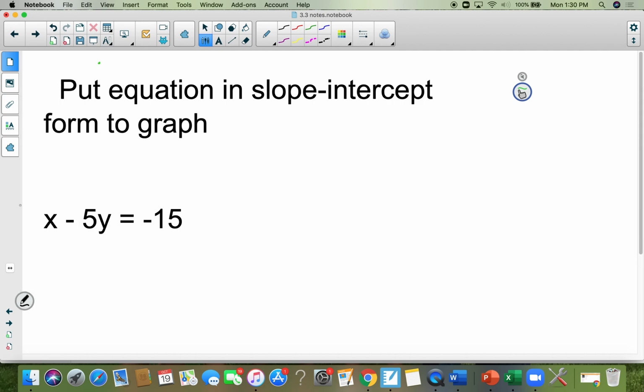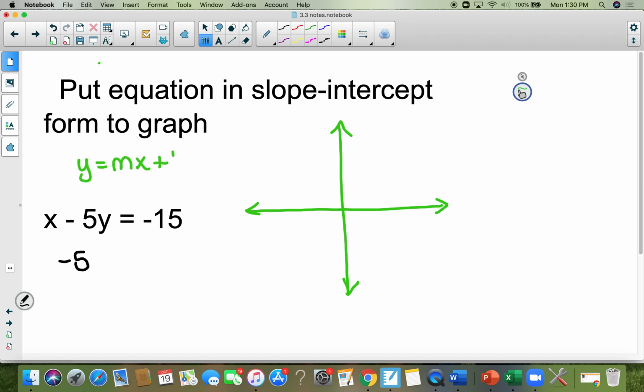Put equation in slope-intercept form to graph. So this part of the assignment, they're just going to ask you to graph. Again, you've had this many times, so you should know that in order to graph, you need it in the form of y equals mx plus b. So I need to subtract x from both sides, and I need to divide everything by -5.